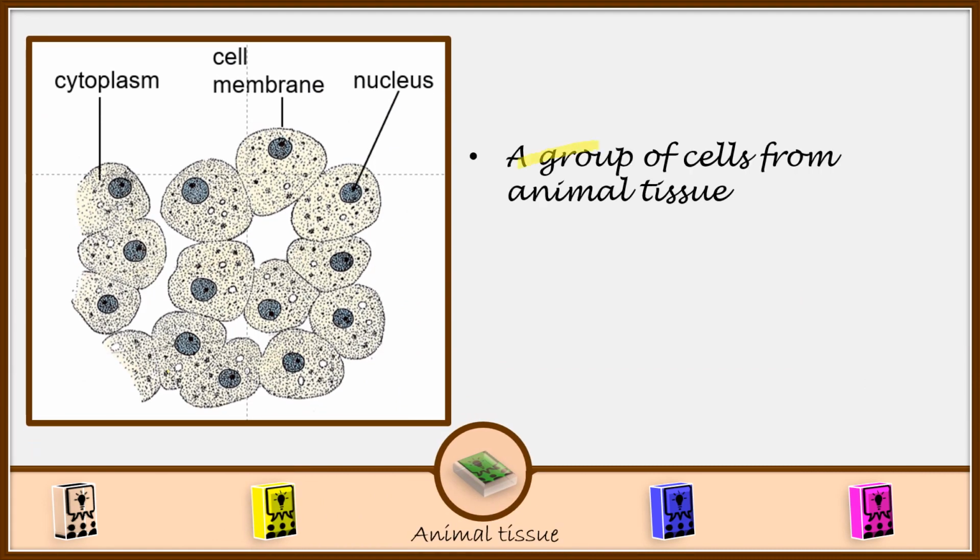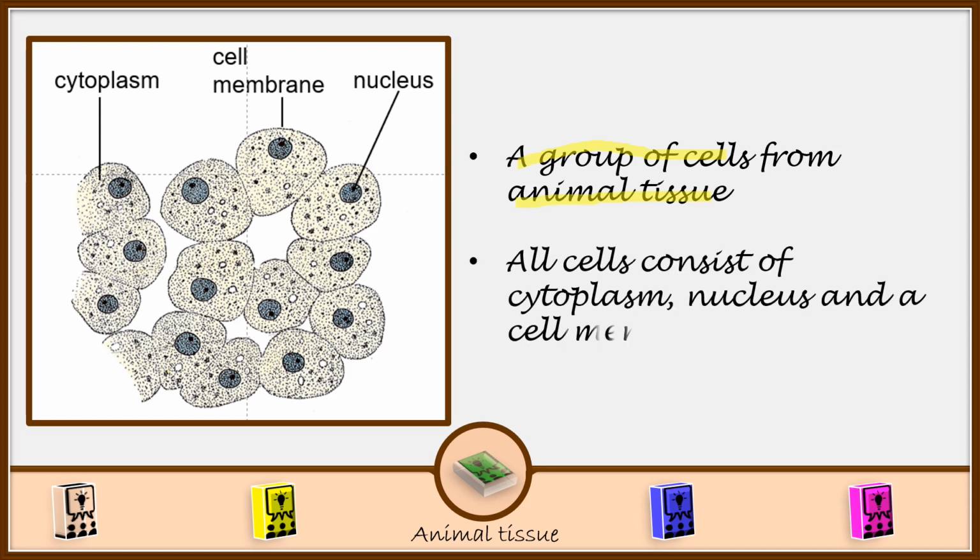A group of cells from animal tissue. We want to look at a group of cells from animal tissue. All cells consist of a cytoplasm, a nucleus, and a cell membrane.